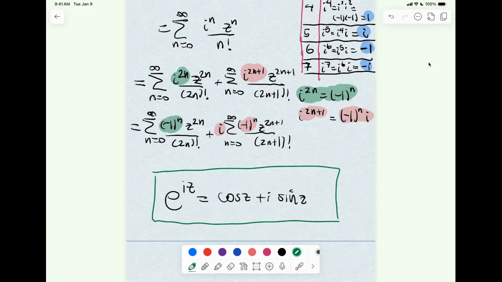And I'll show you some applications of this formula later. It is a very surprising thing.